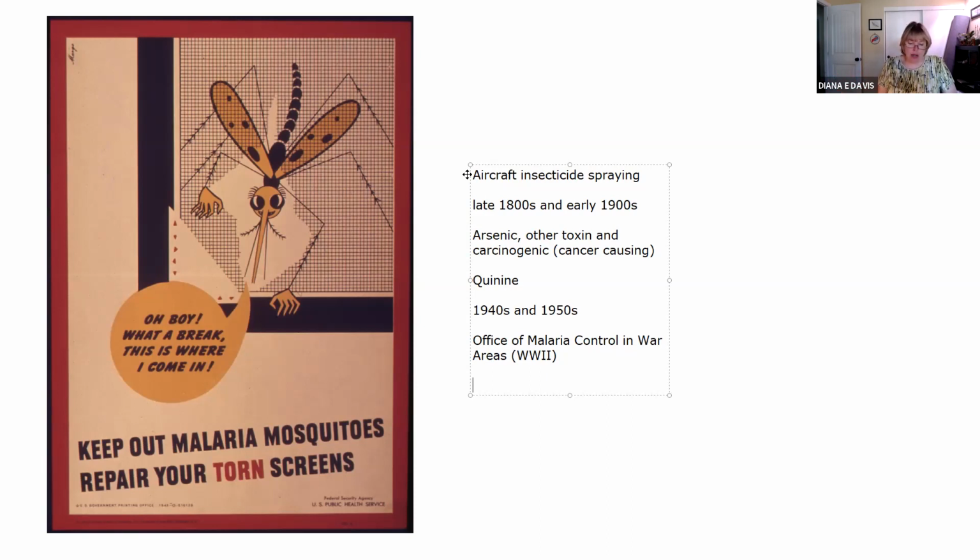And so, because malaria was still problematic in the southeastern US, and a lot of military training camps were there, they developed the Office of Malaria Control. And because malaria was mostly in the southeast, they made their headquarters in Atlanta, Georgia.